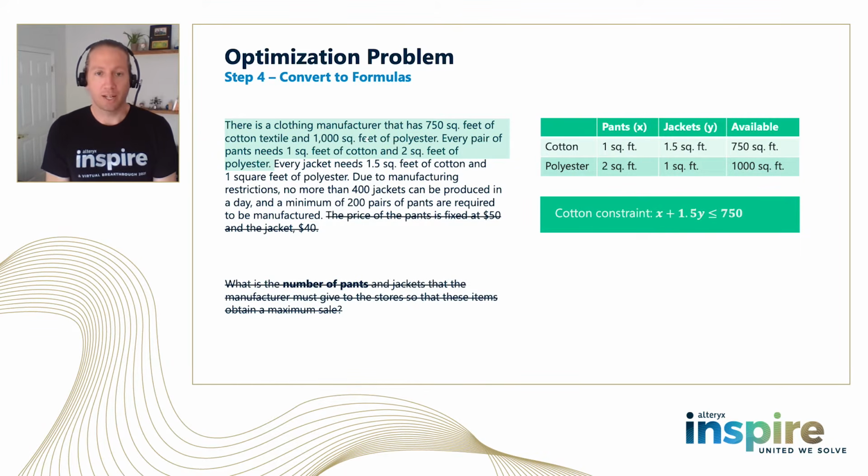Now let's talk about that operator, less than or equal to 750. The reason it's less than or equal to 750 is we don't care if we don't use all 750 square feet of our available cotton. If we use 748, or 740, we'll have some leftover cotton, sure, but if it maximizes our revenue, then that's fine.